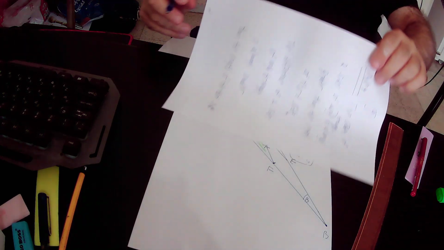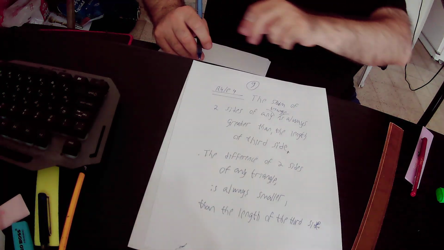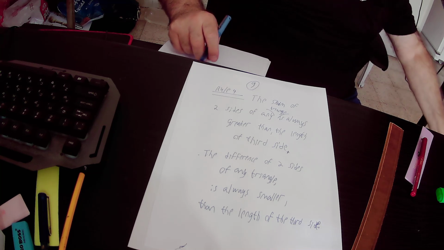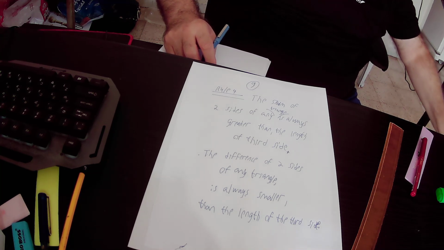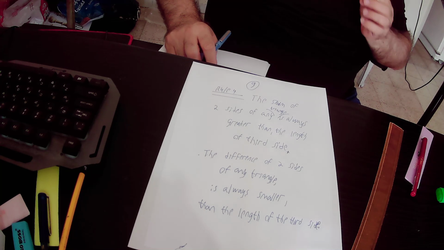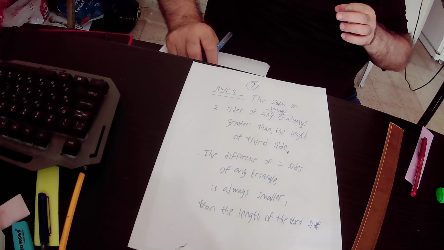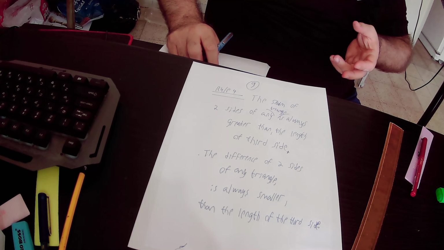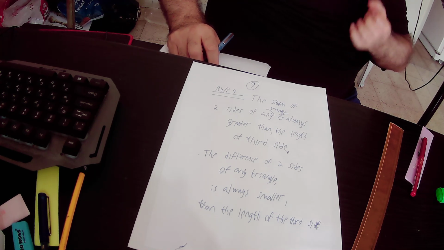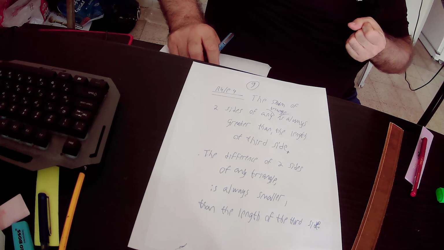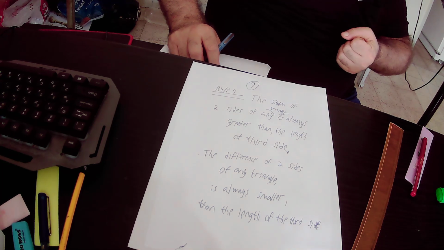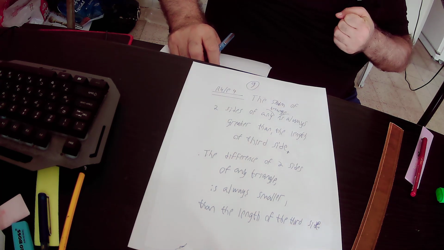I will read the rule again. The rule states that the sum of two sides of any triangle is always greater than the length of the third side. And the second part is that the difference of two sides of any triangle is always smaller than the length of the third side.